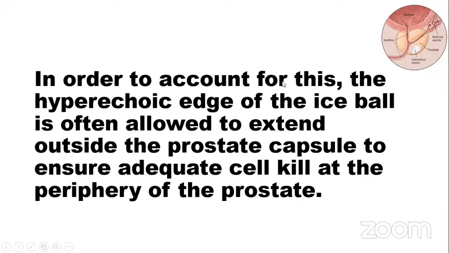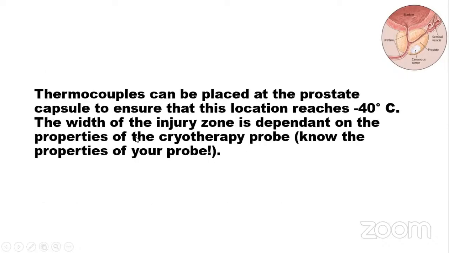In order to account for this, the hyperechoic edge of the ice ball is often allowed to extend outside the prostate capsule to ensure adequate cell kill at the periphery of the prostate. Thermocouples can be placed in the prostate capsule to ensure that this location reaches -40 centigrade.